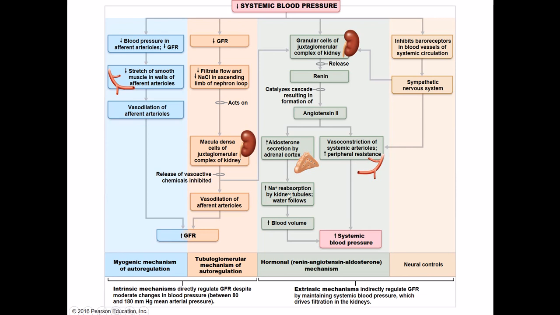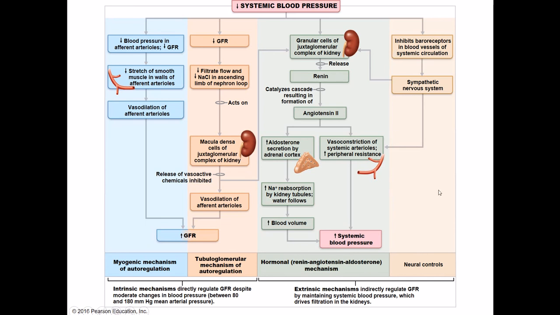Aldosterone causes reabsorption by the kidney tubules of sodium. Water follows the sodium. That increases our blood volume. That increases our blood pressure. Angiotensin 2 also directly causes vasoconstriction of our arterioles. That increases our resistance, which increases our blood pressure. So that's one of the extrinsic controls.